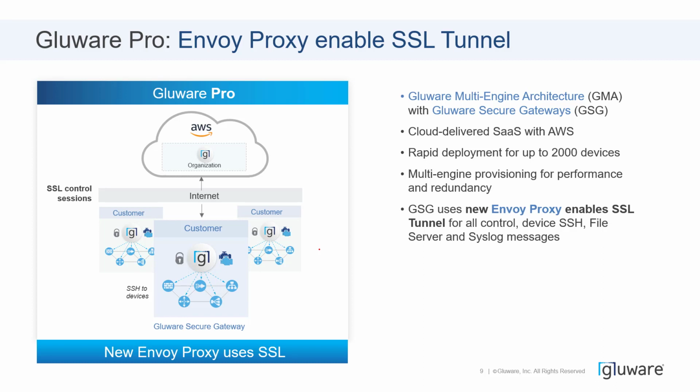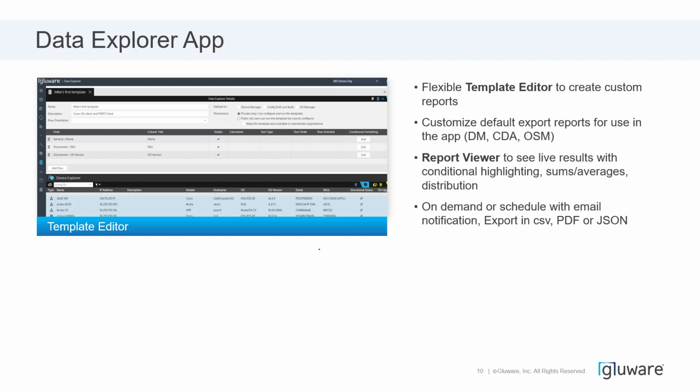So it's simpler from a setup standpoint, requires less intervention with your security team because usually SSL is open, and it's just a bit more seamless and helps support all the related services that Gluware offers in the Pro offering, like OS Manager that requires file servers and syslog for identification of when users make changes and more. So that's a nice change for the Gluware Pro users.